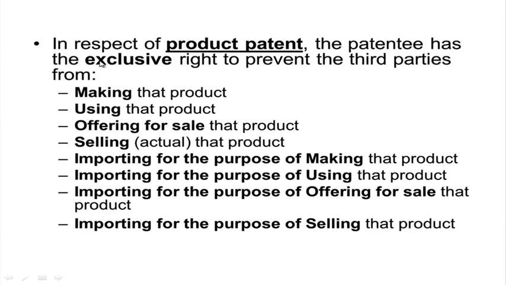So section 48 of the Patent Act, in the Indian context, says that in respect of a product patent, the patentee has the exclusive right to prevent third parties. Third party means, let's say, unauthorized users. If a licensee is considered an authorized user, then who is not a licensee may be considered a third party.